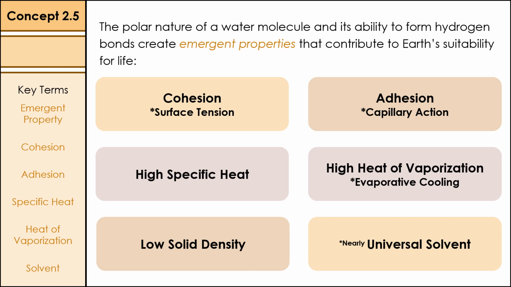And then we get into some of these properties dealing with heat, high specific heat, high heat of vaporization, which allows us to look at some evaporative cooling. We have a low solid density, very unique compared to other molecules, and the fact that water is a nearly universal solvent.